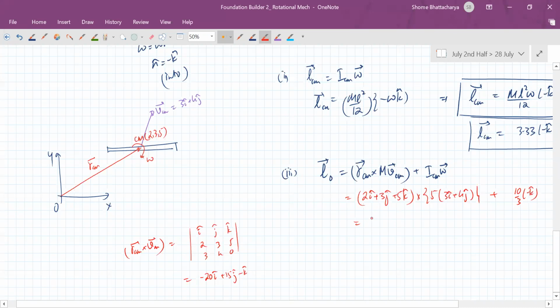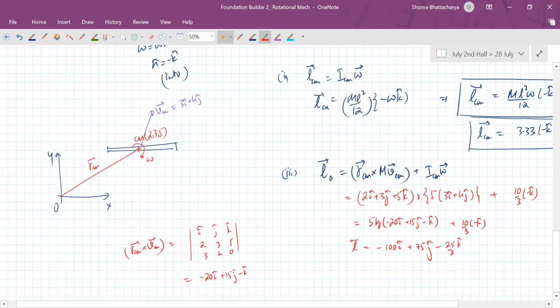So this will become 5 kg multiplied with this, plus. So you can see it is minus 100 i cap plus 75 j cap minus of 5 plus 10 by 3. That's 25 by 3 k cap.